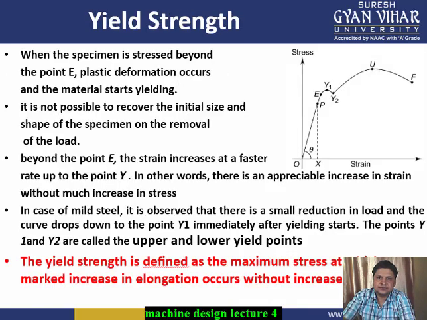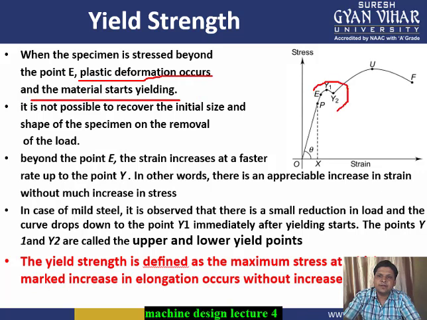Now yield strength. When the material or the specimen is stressed beyond the point E, plastic deformation occurs and the material starts yielding. This is the area of yielding. What is the reason for yielding?